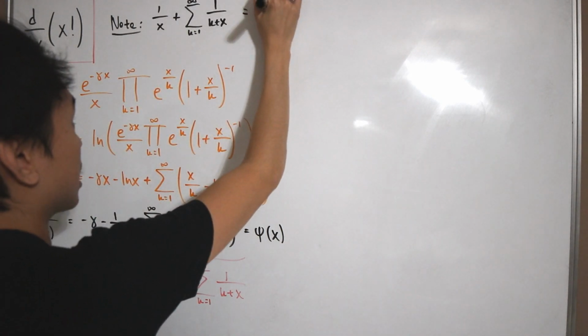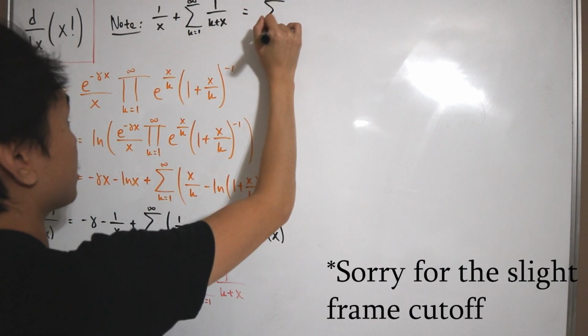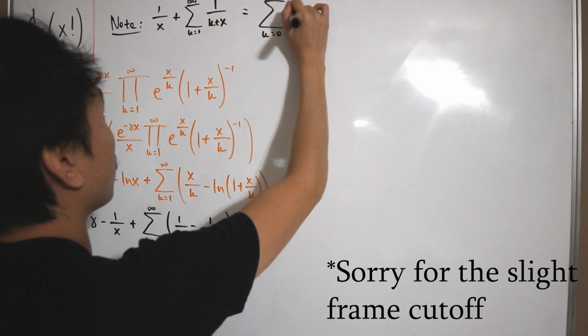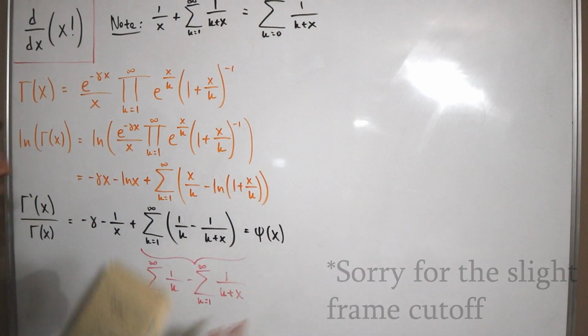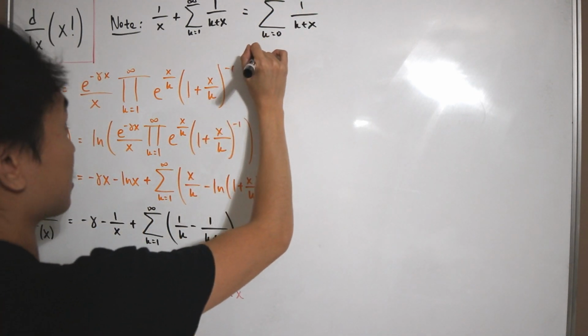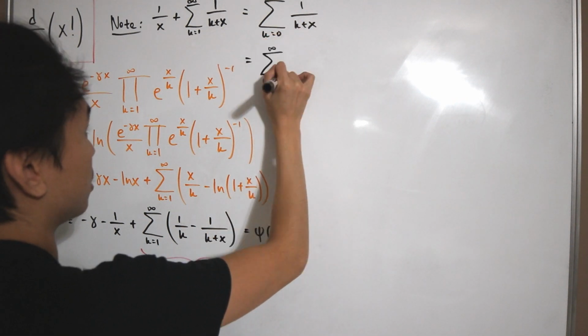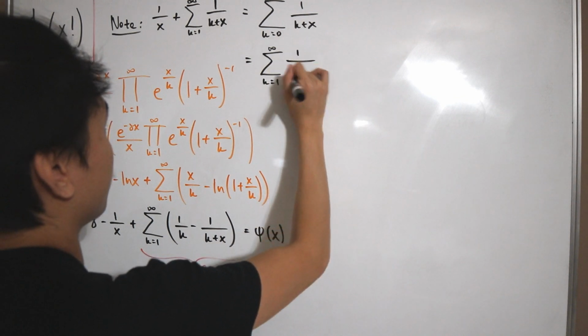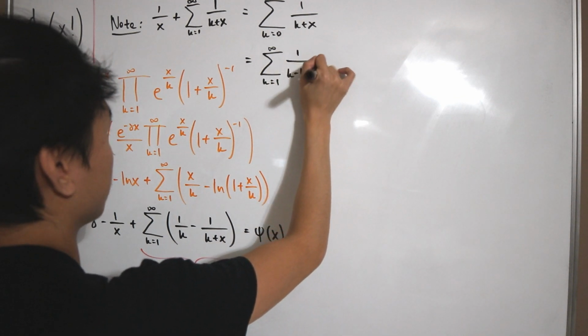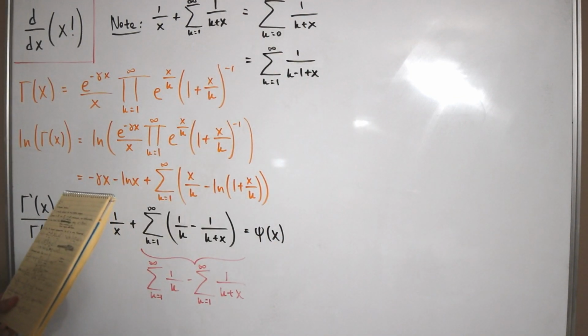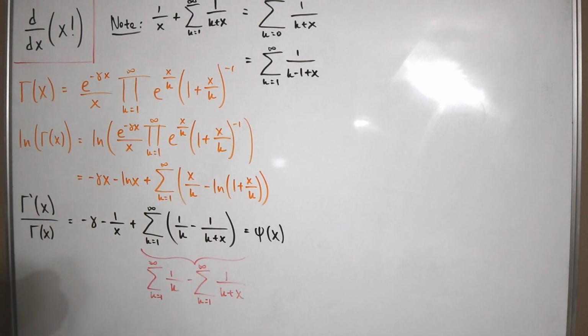So this is a way of writing it by re-indexing it, for k equals 0 of 1 divided by k plus x. And then if I re-index back to k equals 1, that comes down to 1 divided by k subtract 1, and then add this with x. And so these two are the same. It's very nice that I can put back that substitution.